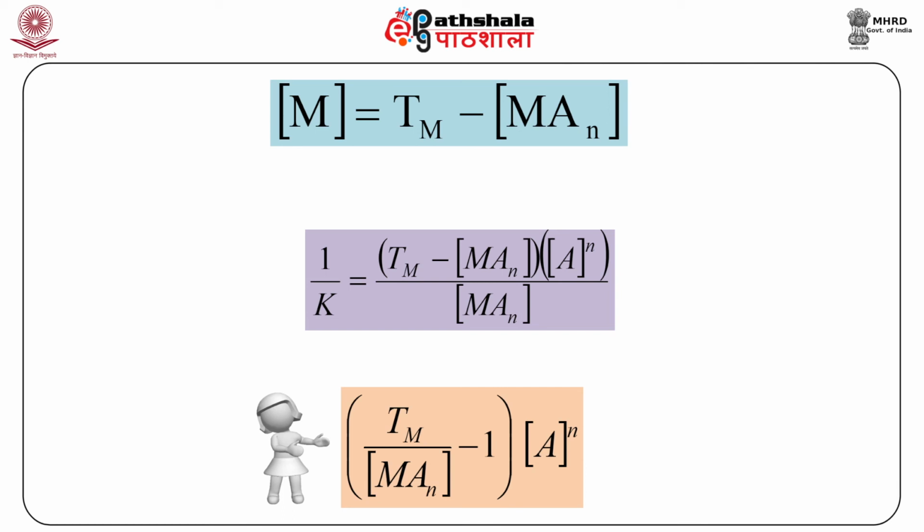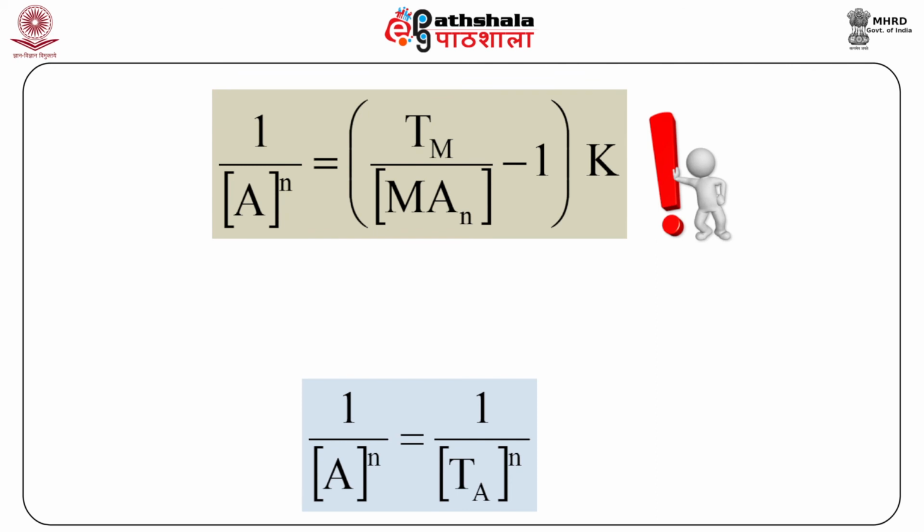So, 1 upon K is equal to Tm minus MAn whole multiplied by the concentration of A raised to the power n divided by MAn. So, this becomes Tm divided by MAn minus 1 multiplied by the concentration of A raised to the power n.